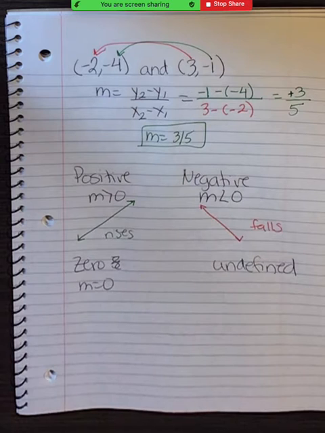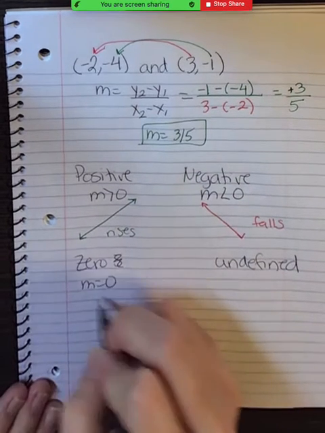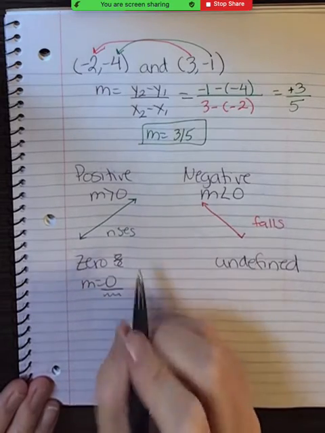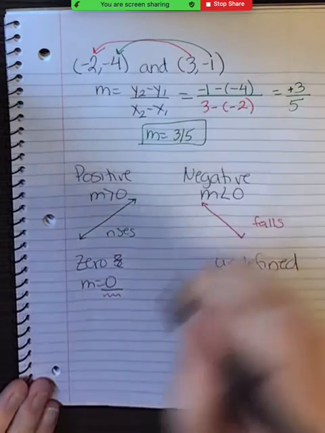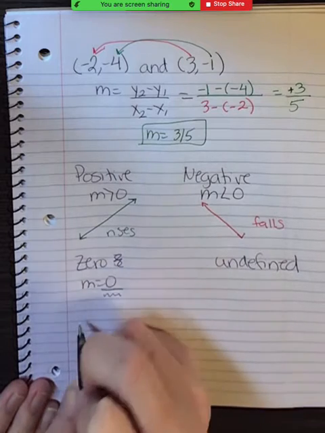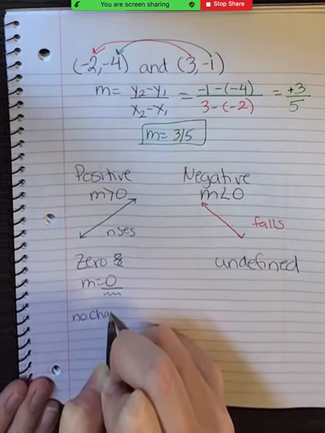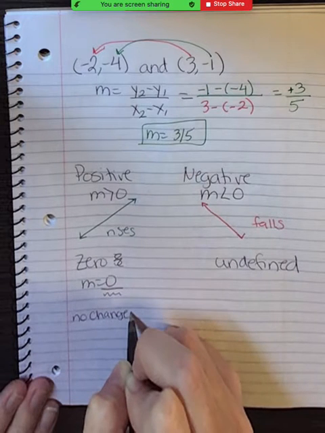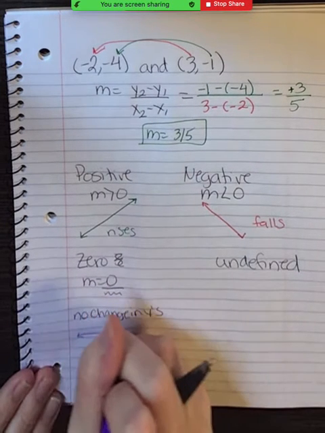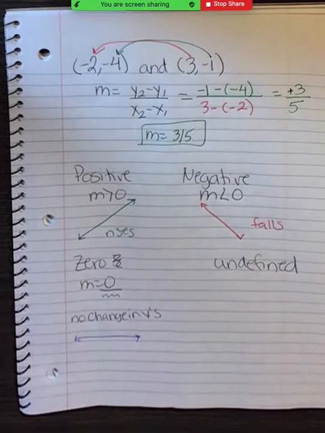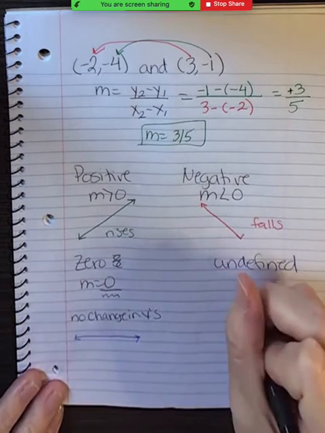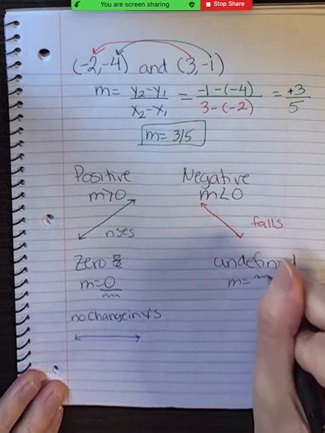0 slope means there's no change, right? Because you can have a number here in the denominator, but to get 0 out of division, you need 0 in the numerator. So that means there's no change in y's. So that is going to be a perfectly horizontal line. To get undefined out of division, that means you have a number divided by 0.